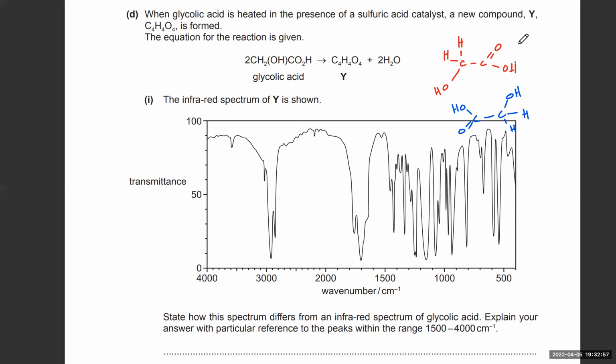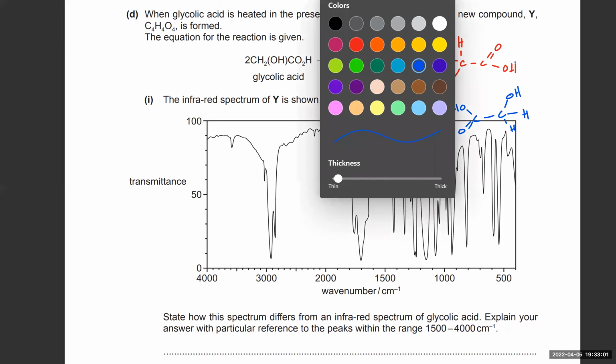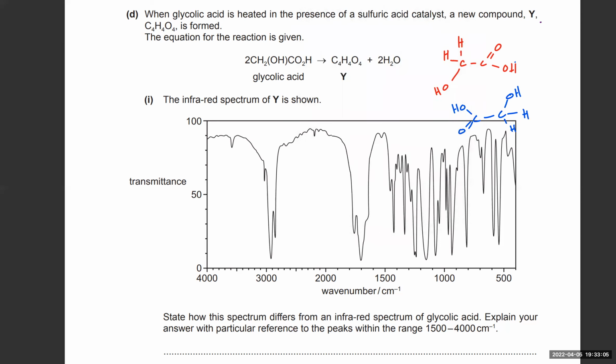Now, the acid group and the alcohol group will tend to react together, and they're going to produce an ester. The OH would be lost and the H would be lost from the alcohol. And the 2 groups would join up to form an ester link. Is that clear?